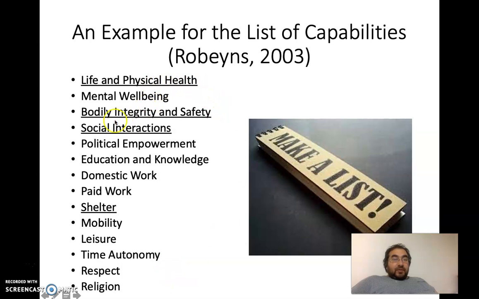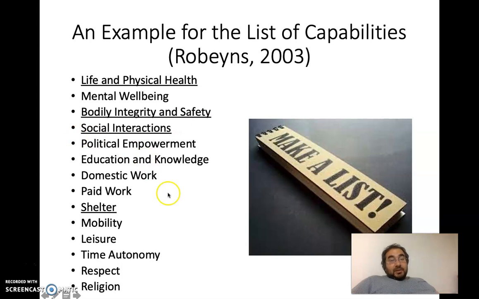For each one here, Robbins briefly discusses what they mean and why they should be taken into the list, and whether women or men are ahead for that particular need. I mean, in terms of their ability to meet that need.